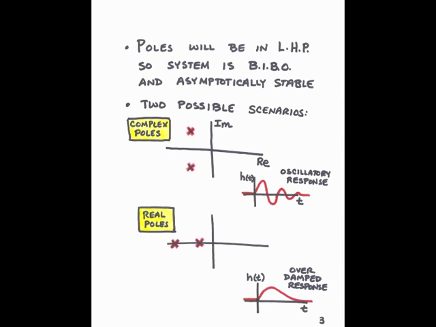The quadratic formula will show that as long as m, c, and k are positive, these poles will be in the left half plane. Since physically, inertia is always positive, damping is always positive, and stiffness is always positive, we know these poles will be in the left half plane, and so the system will be BIBO stable and also asymptotically stable.